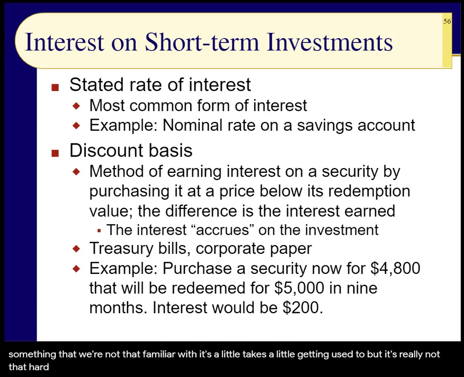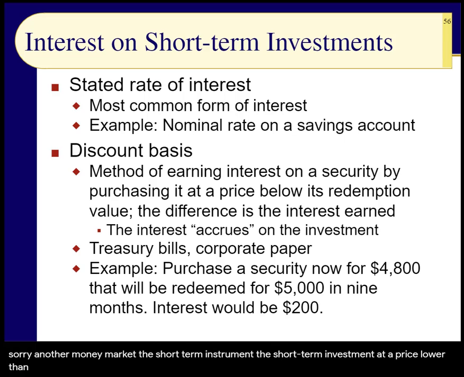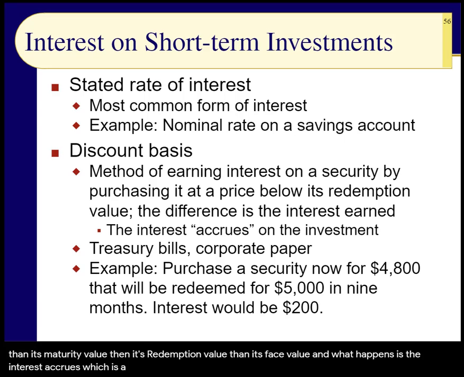What happens is you buy the security, the short-term instrument, the short-term investment, at a price lower than its maturity value, than its redemption value, than its face value. And the interest accrues, which is a funny name, but that's what they use in accounting.